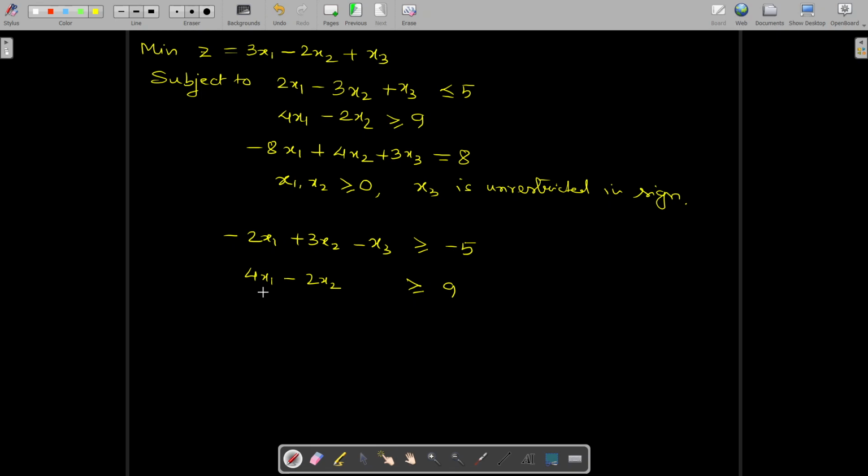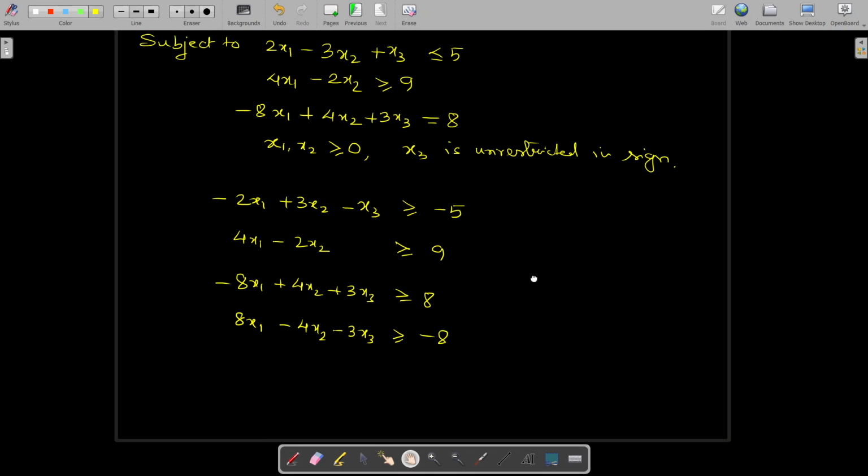And this one obviously, we have minus 8x1 plus 4x2 plus 3x3 greater or equal to 8, and the other inequality, that is the less or equal to part, if we multiply by minus sign, then we'll get 8x1 greater or equal to minus 8.